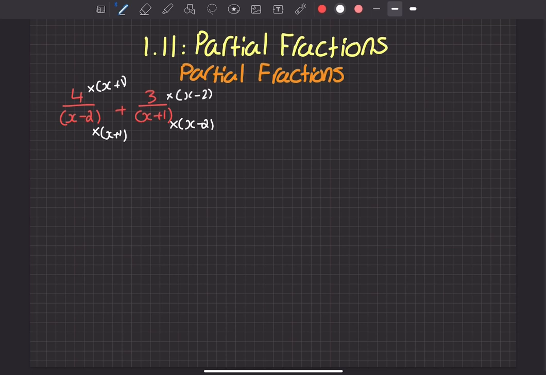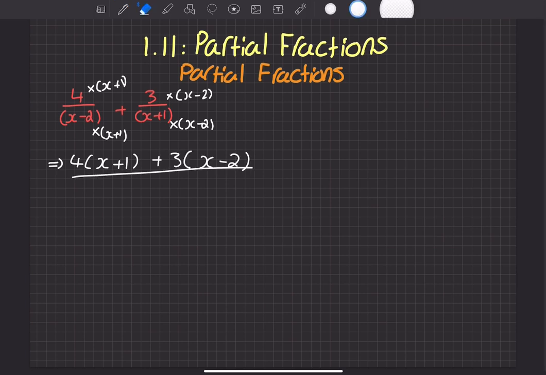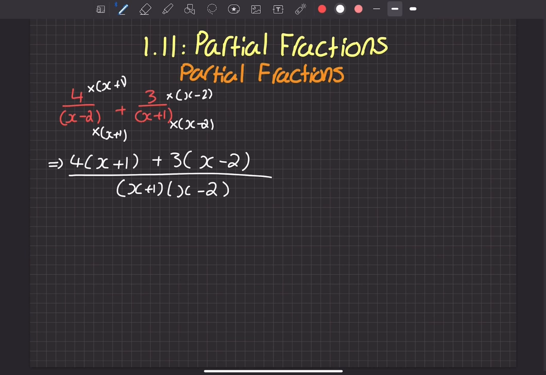And what we'd have there is 4 multiplied by x plus 1, plus 3 multiplied by x minus 2, over x plus 1, x minus 2, right?